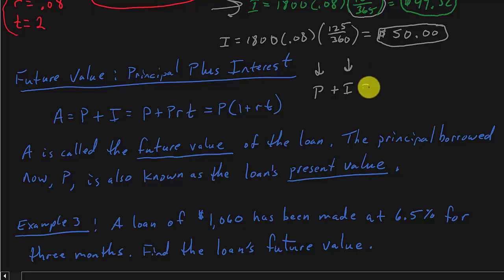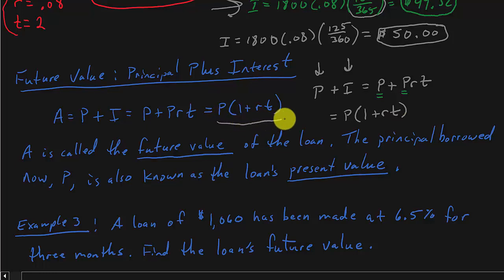Well, we know that this is the same thing, P plus I. And what's I? I is PRT, principal times rate times time. If you come up here, you can see it has a common factor of P. If we factor that P out, that leaves us with P times 1 plus RT.